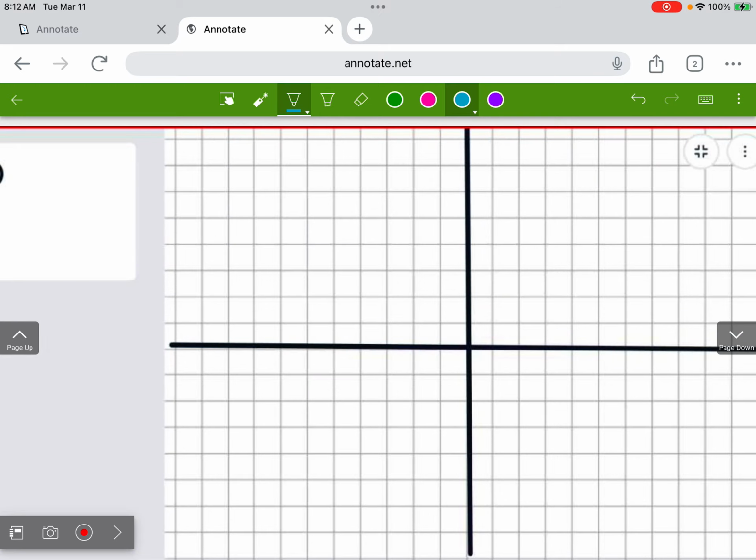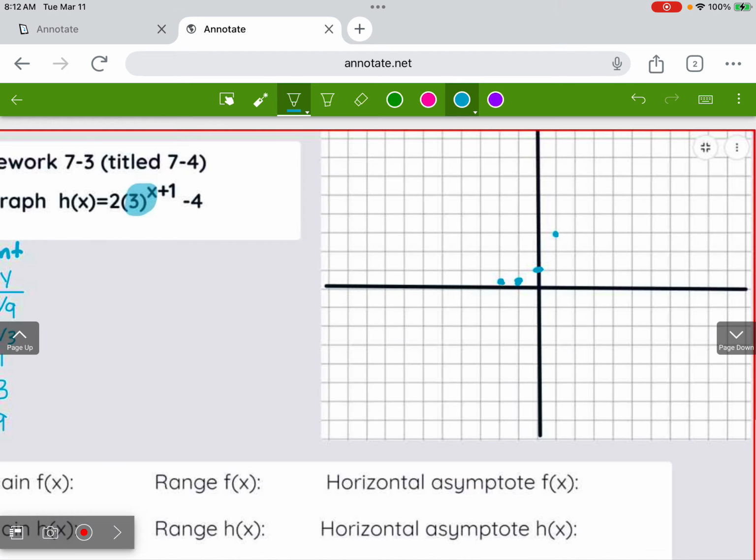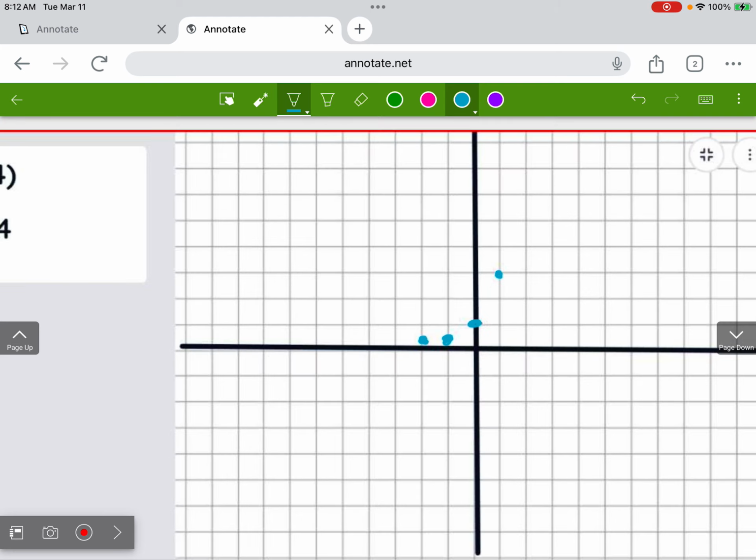I'm just going to graph that parent function again. It's that same one we did for the bell work, where we had our -2, 1/9, my -1, 1/3, 0, 1, 1, 3, and 3, 9, which should be 1, 2, 3, 4, 5, 6, 7, 8. Oh, I don't have one on this graph. It got cut off. And that's okay.